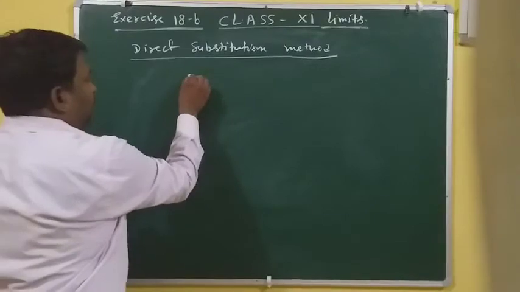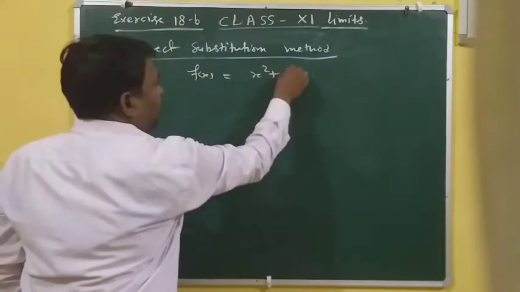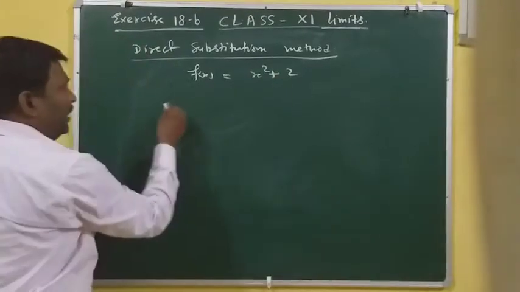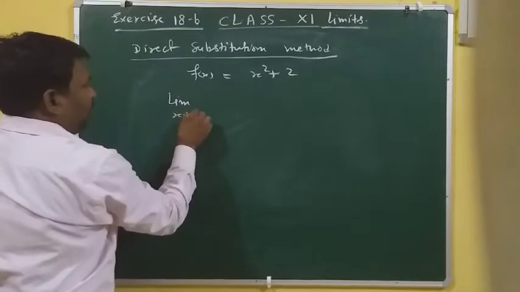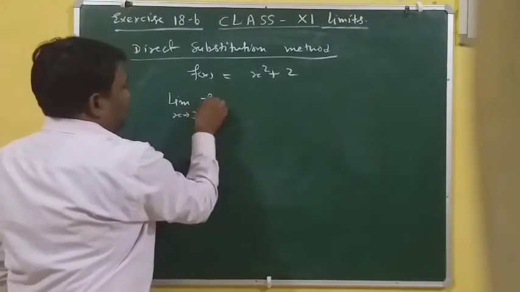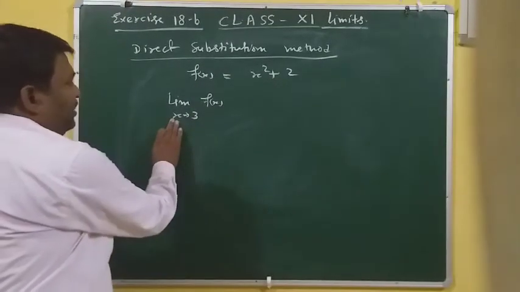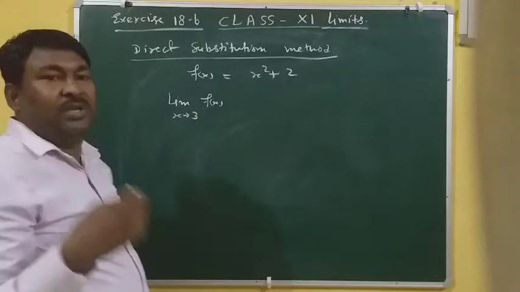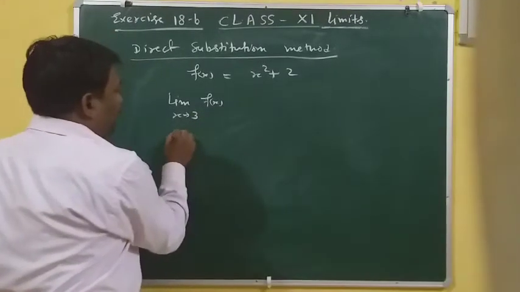If you are given a function, just like the function f(x) equals x square plus 2, and you have to find the limit as x tends to, suppose, 3 of f(x), that is, to evaluate this limit, then how do you calculate?